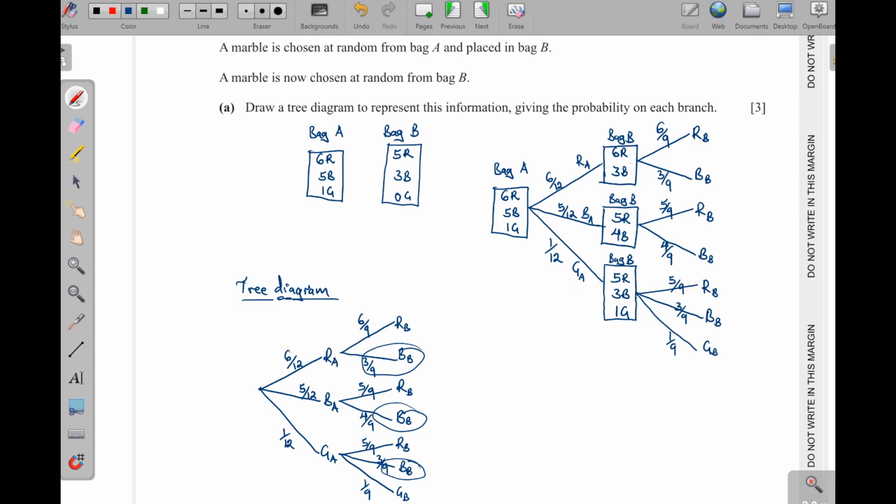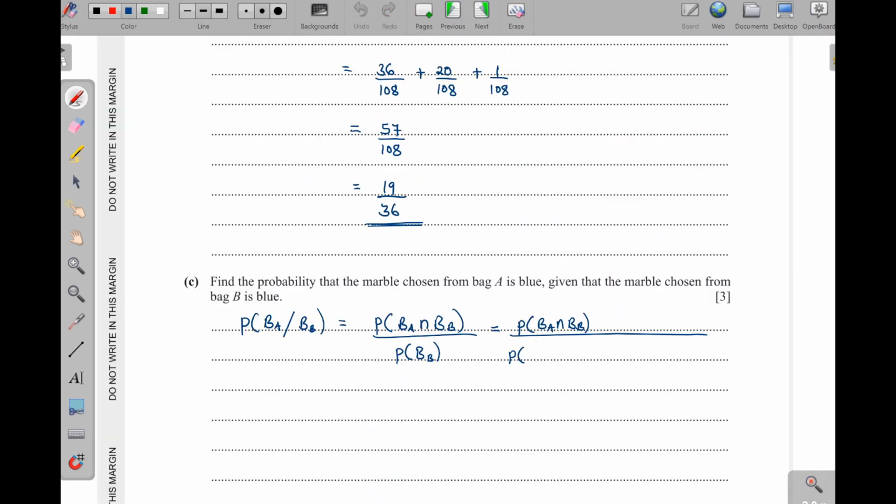So meaning we can have red from A, then blue from B. We can have blue from A, then blue from B. Then we can have green from A, and then we get blue from B. So the second one has to be blue. Okay, now let us compute this.